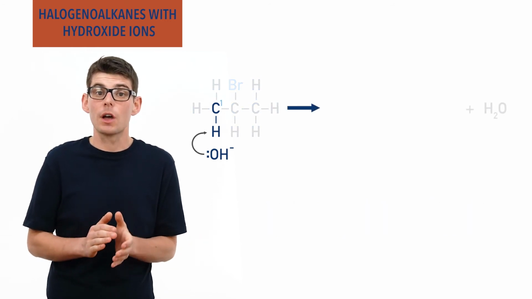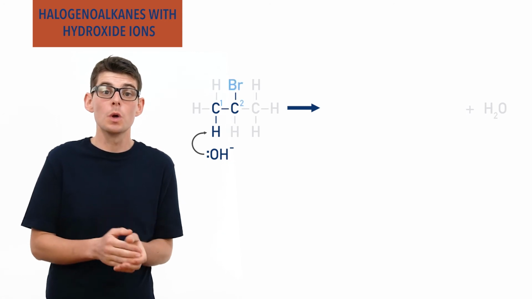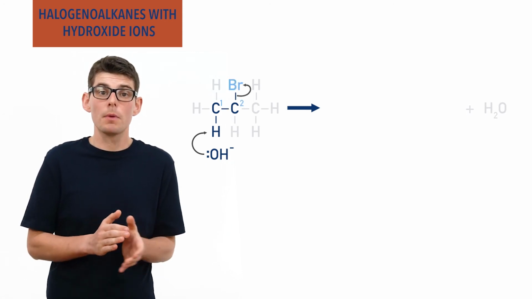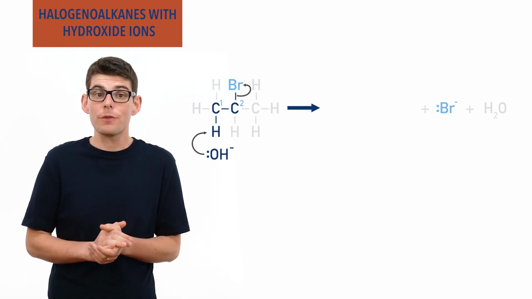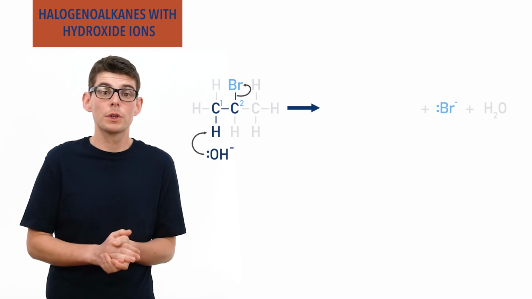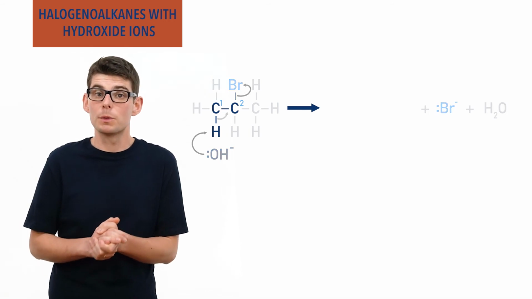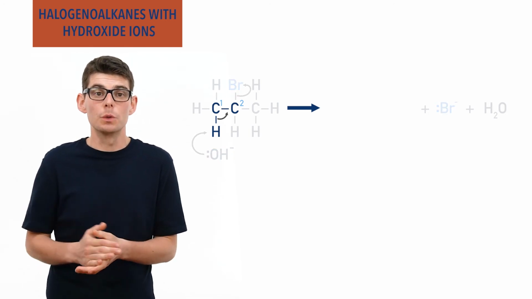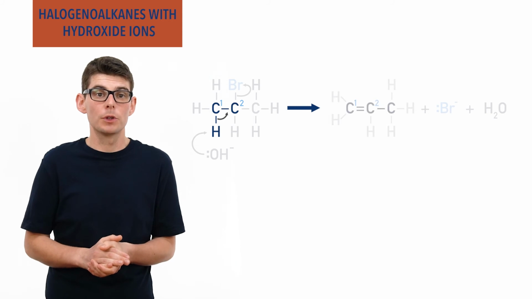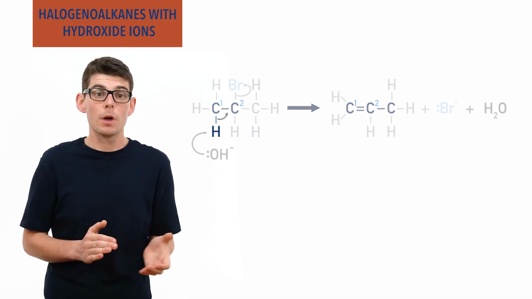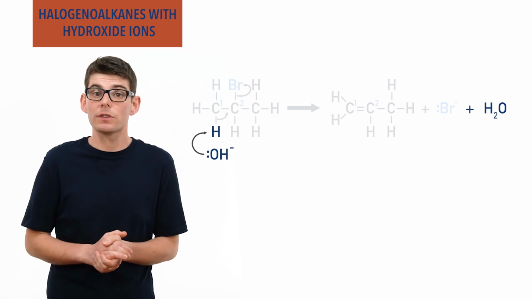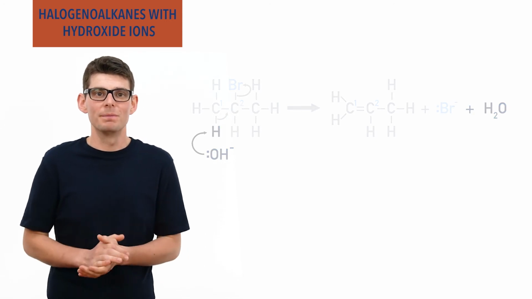As this happens, the carbon-halogen bond on carbon 2 breaks, producing a bromide ion with a new lone pair of electrons. The electron pair from the carbon-hydrogen bond that has broken moves to form a pi bond between carbon atoms 1 and 2, creating a carbon-carbon double bond and forming an alkene. A molecule of water, H2O, is also produced as the hydroxide ion accepts a H+ ion.